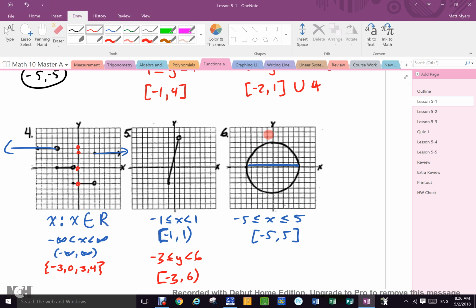And my range, same thing. It just goes from there down to there. Doesn't matter what the curve's doing. Anywhere there's a y value is a range. And that's negative 5 to 5 again. Oops, I did two negative 5s there. Everybody cool?